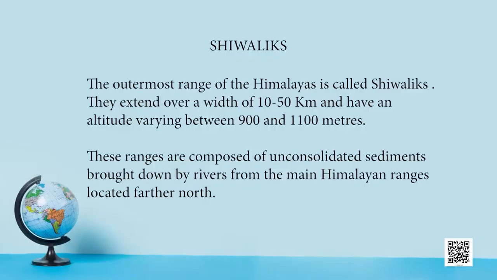The lowermost or the outermost range, which is the third parallel range of Himalayas, is known as Shivaliks. It extends over a width of 10 to 50 kilometers and has an altitude almost varying between 900 meters to 1100 meters. These ranges are composed of unconsolidated sediments brought down by the rivers from the main Himalayan ranges.